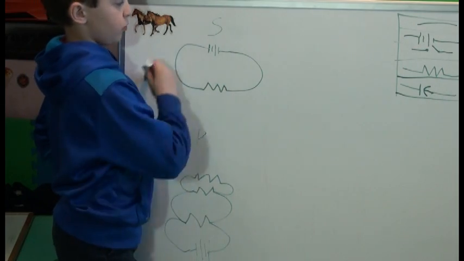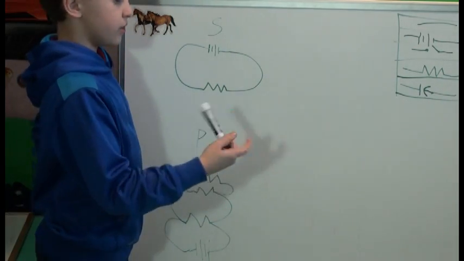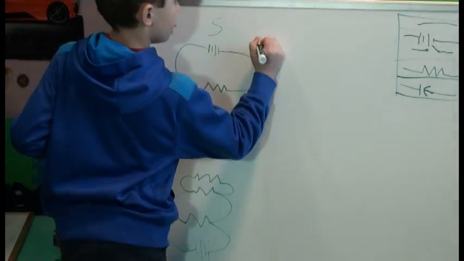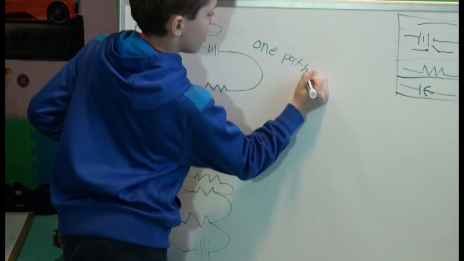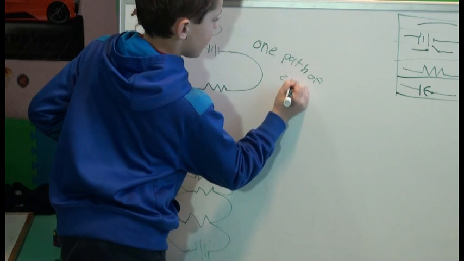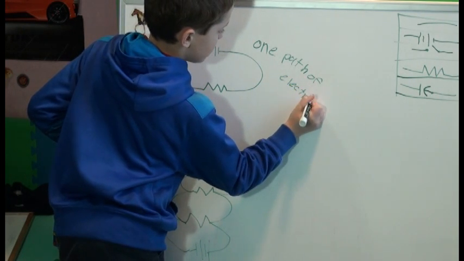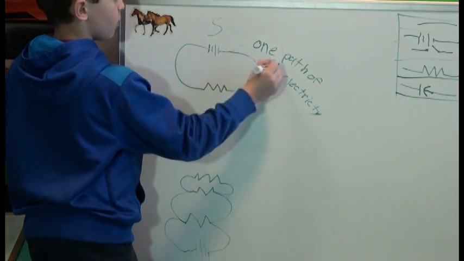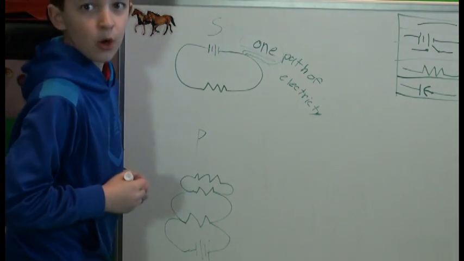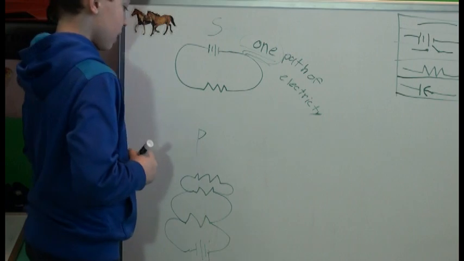A series circuit has one path of electricity. One path.